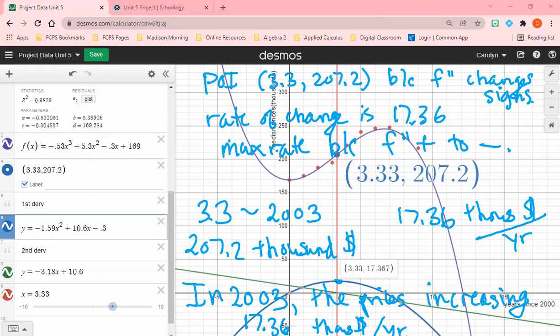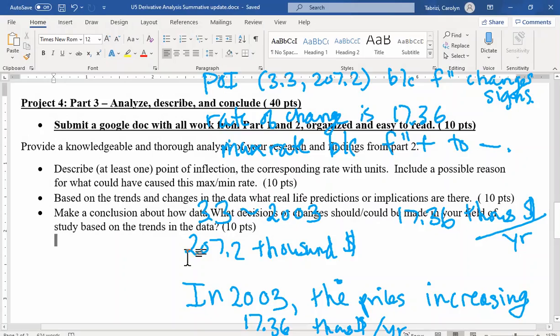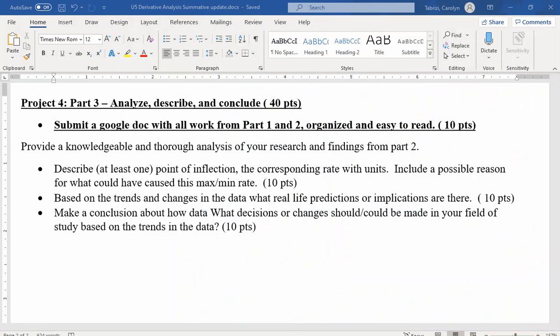When you get to part 3, which I have to go run the copies of, sorry, I'll put it up here for you. Here's part 3. Part 3 is the part you're going to turn in online. Notice it says Google Doc or slides or something, an electronic copy of all of your work, the things that I'm coming around to check on your computer.